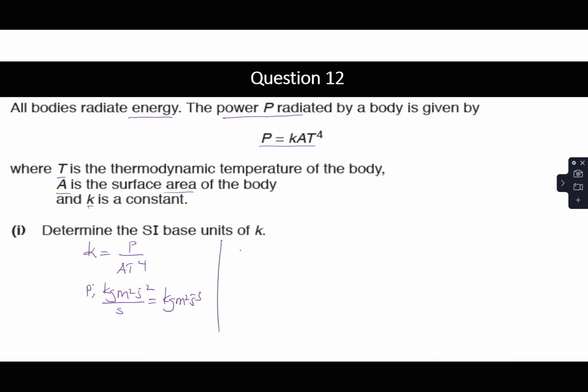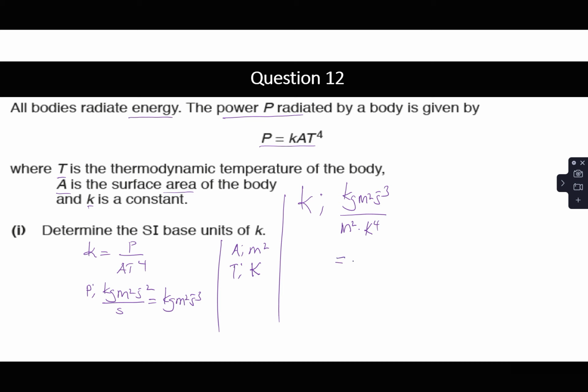That is for power. A is cross-sectional area. The base units of A are meters squared. T is thermodynamic temperature. The base units of T are kelvin, capital K. Now we find the base units of small k. So the base units of k will be those of power, kilogram meters squared per second cubed, divided by area, meters squared, times kelvin to the power 4.